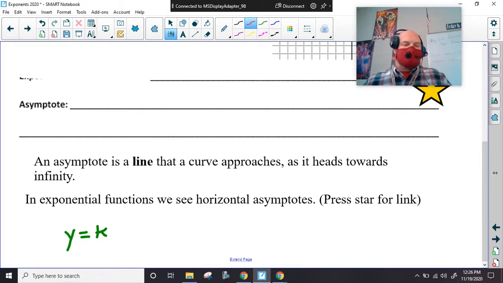All right, asymptote is a line that a curve approaches as it heads towards infinity. Okay. The best way that I think of an asymptote is like one of those in-ground electric fences, like the invisible fences for dogs.